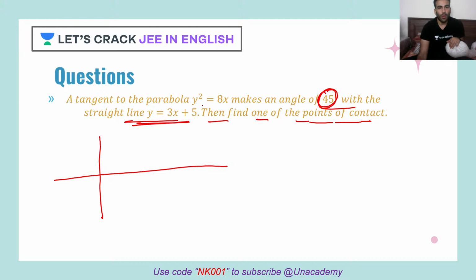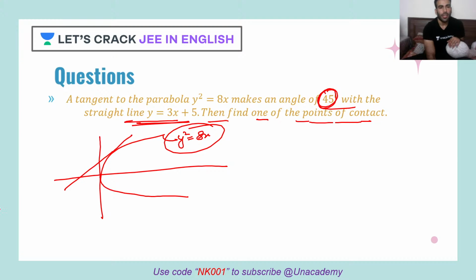So what the question says is, we have got this parabola. The parabola has got, let's say, one tangent. Obviously, we'll be having two tangents, I'll tell you the reason why. The condition is that this tangent makes a 45 degree angle with a given line. What is that line? It has slope 3 and intercept 5.